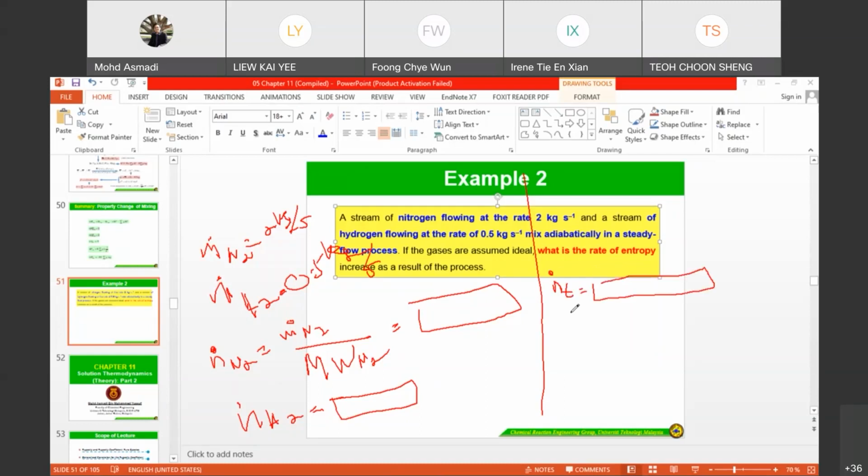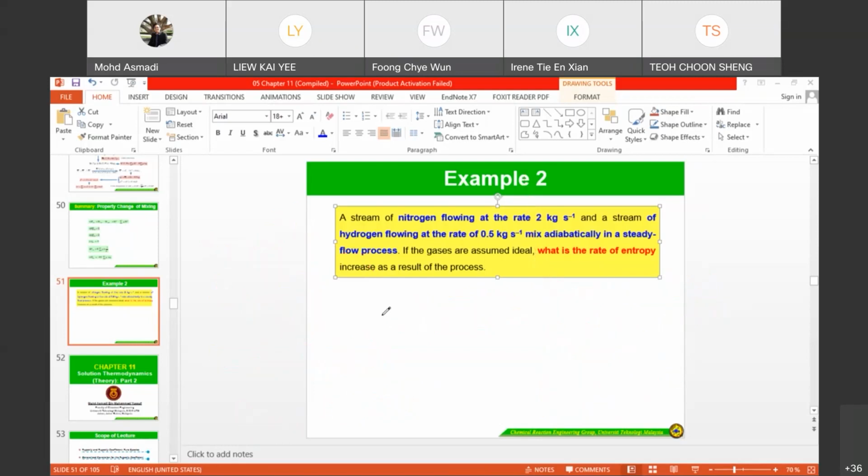So y1, just nitrogen is y1. So N nitrogen divided by N total. Okay, so you can get y1, y2, H2. Just calculate.